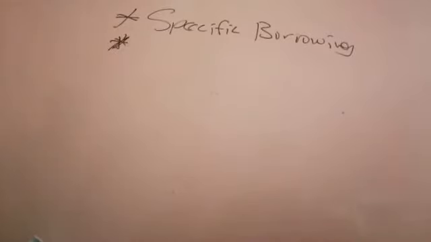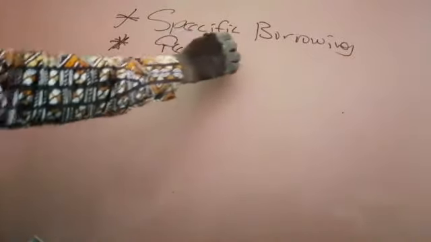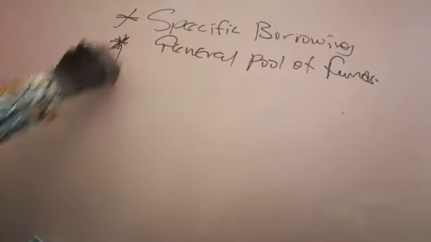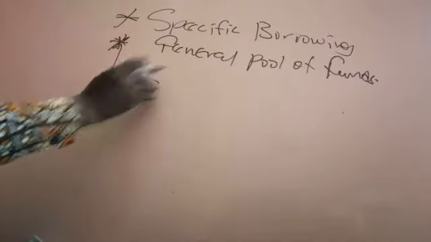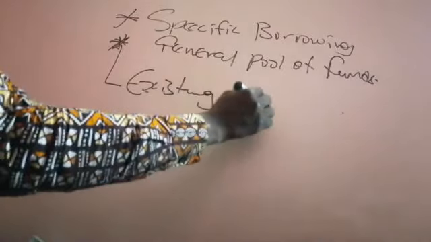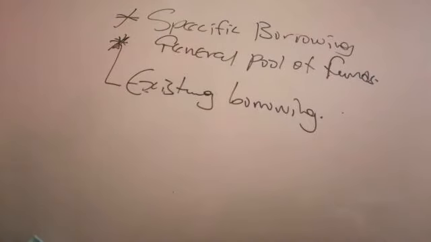The other one we call the general pool of funds. Here you use what you call existing borrowings. That's the general pool of funds.